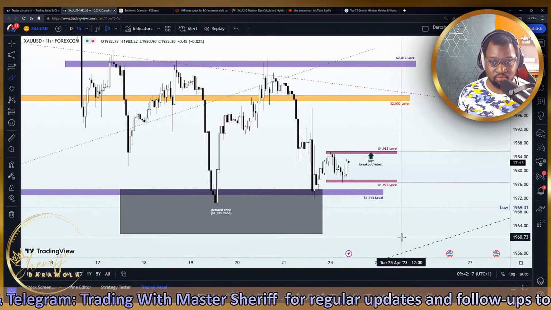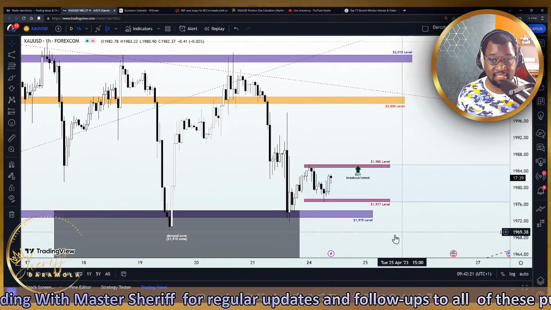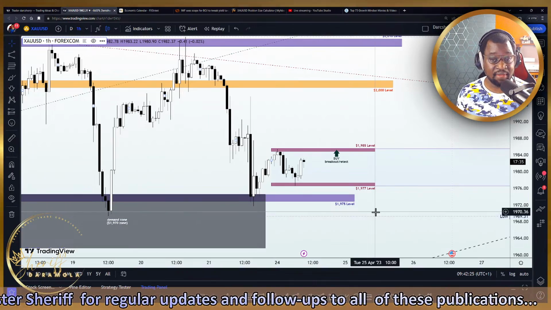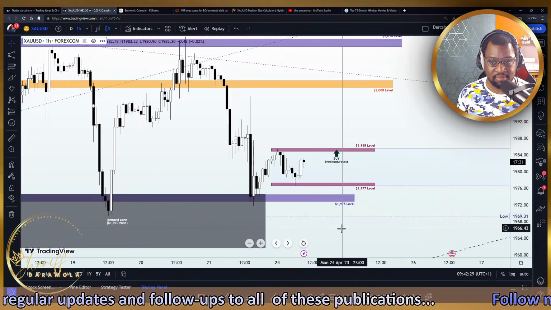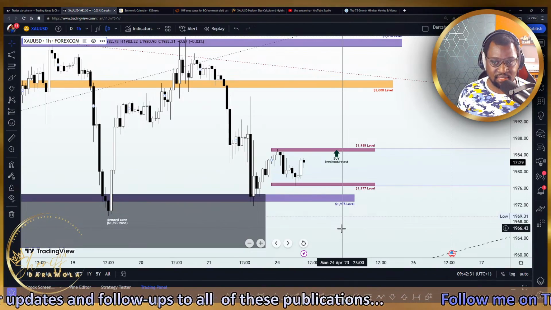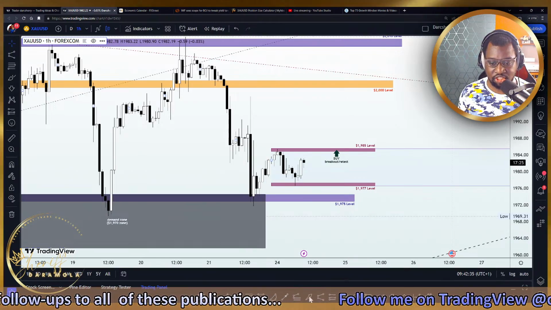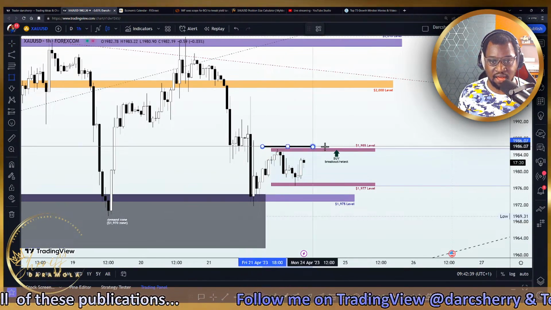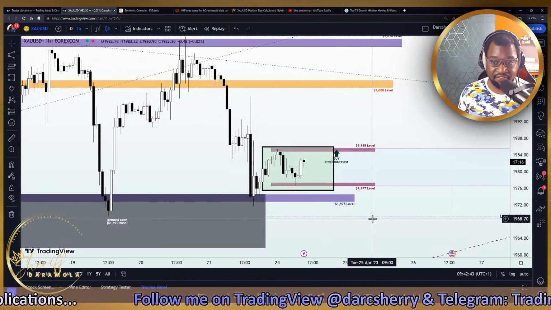And when we come into the 1 hour time frame to see how participants in this market have been reacting to the structure since the beginning of this week, you will see how we have a very tight range here, I think about a $12 range, as price action is currently trading between the 1,985 and the 1,977.